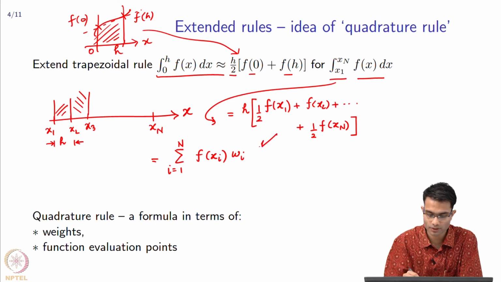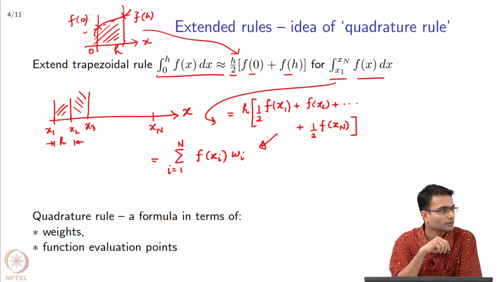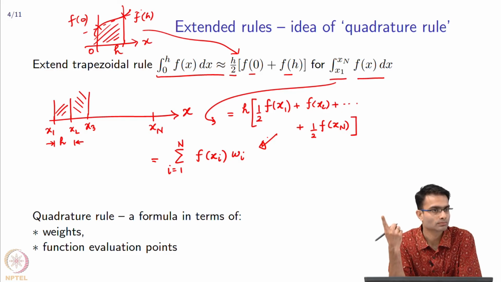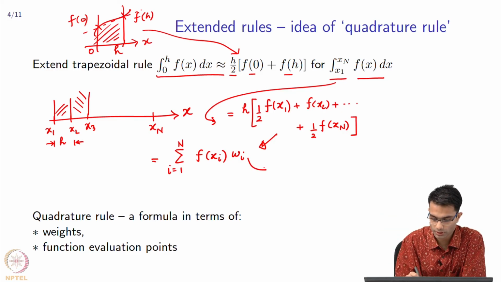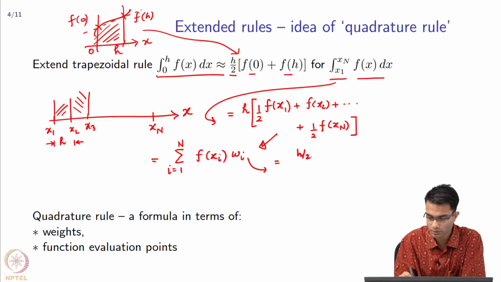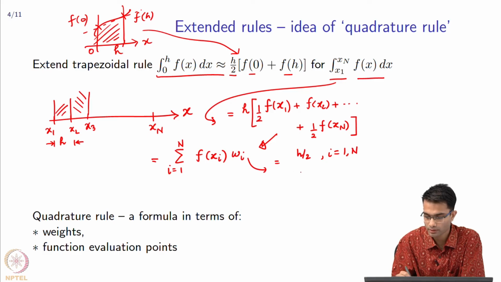This formula fits into this mold, right, and you can see the w i's are pretty straightforward. w i is equal to h by 2 for i equal to 1 and n, and h otherwise.